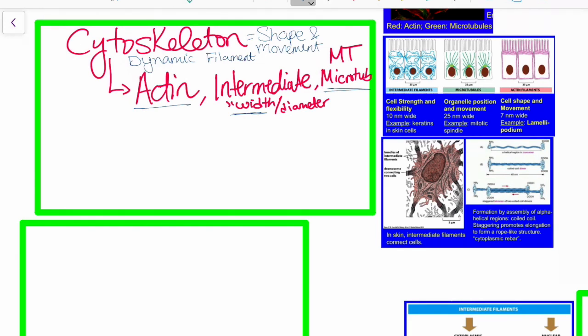So what do these ones do just overall? Actin is for the shape of the cell, and a good example of that we will learn about is the lamellipodium, and how it is able to move, like a worm, in this direction. Then we will talk about microtubule, and that is how organelles move or position themselves.